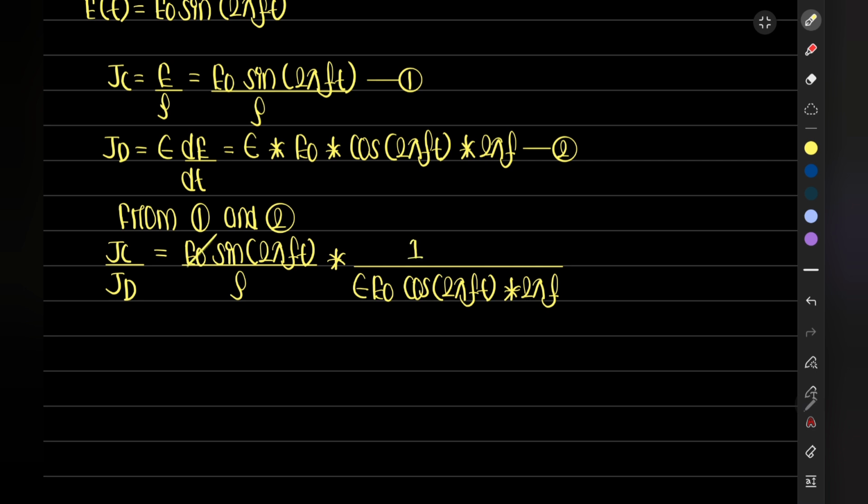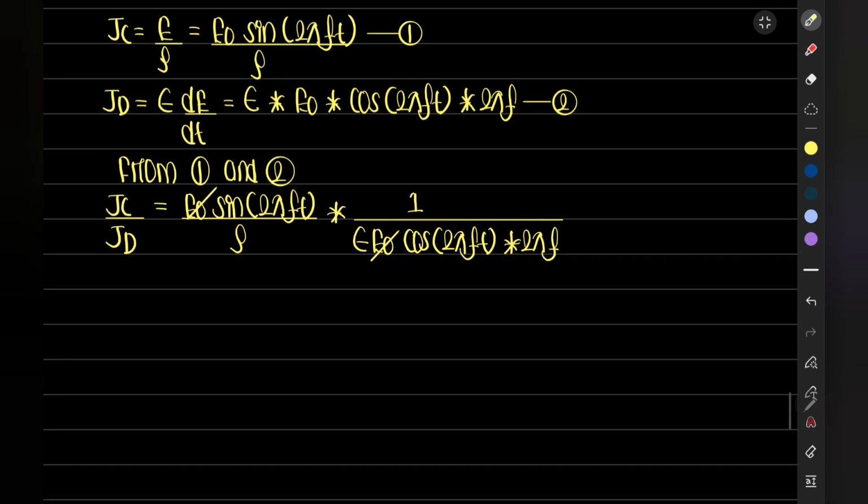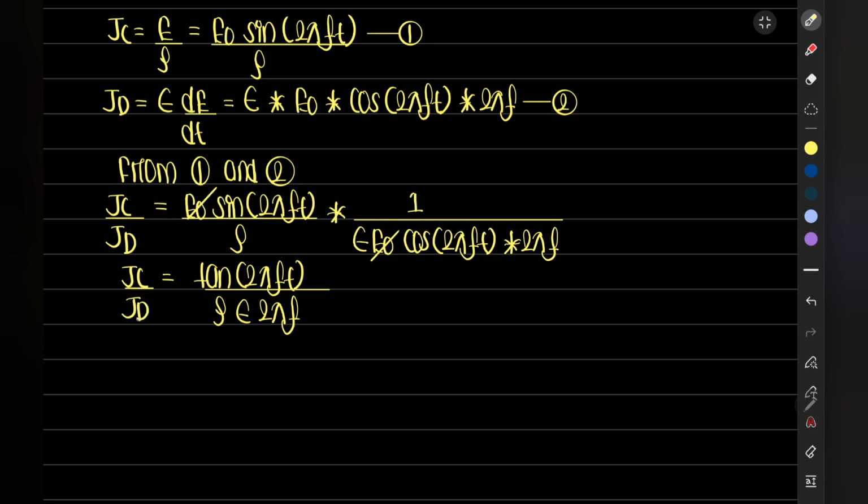Now this E naught and E naught will cancel out. Second, sine by cos will become tan. So the equation will become tan 2 pi ft upon rho into epsilon into 2 pi f. This is basically JC upon JD.